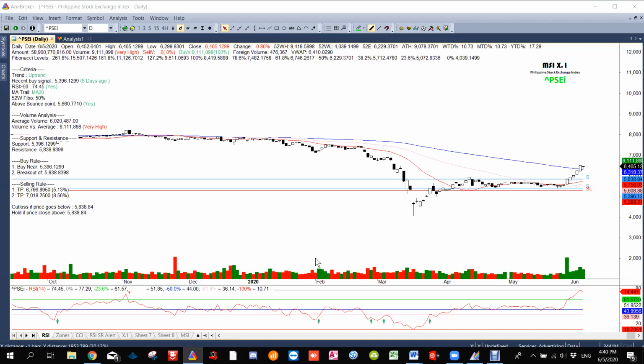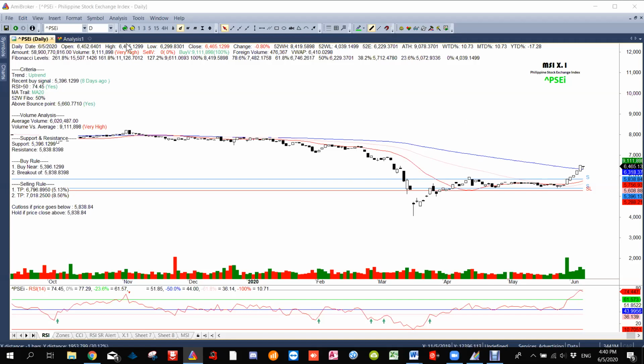Any question perhaps related to kung paano gumana yung analysis, paano gumana yung screener, anong gagawin namin sa MSI chart, ito, ganyan. Okay? Yung mga ganong question.